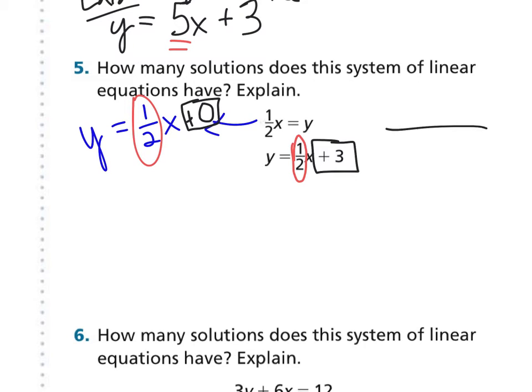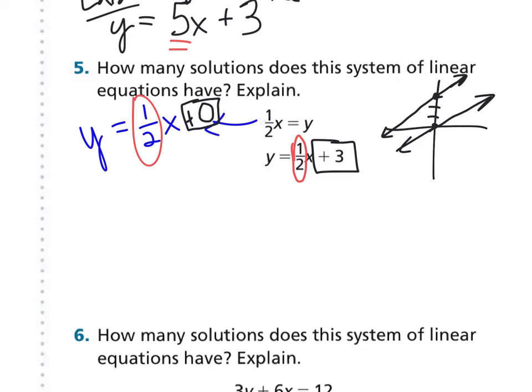So just to sketch out a little bit of what this might look like, it would be maybe something like this. That would be the first equation, and then the second equation would be something like this. Okay, so same slope but different y-intercepts.